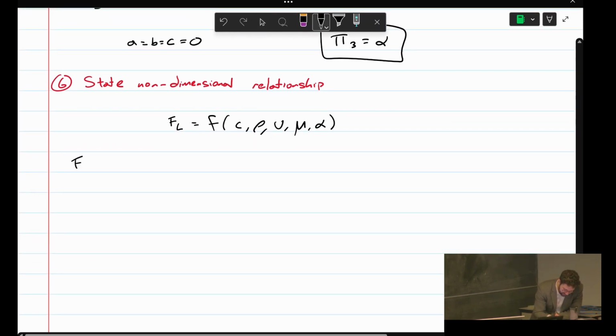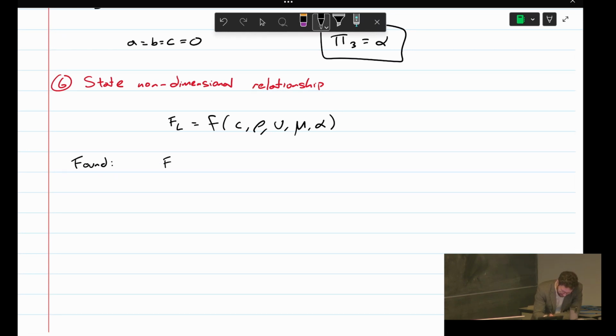And we found FL over rho u squared c squared is some function g, probably a different function, of mu over rho uc, and alpha.